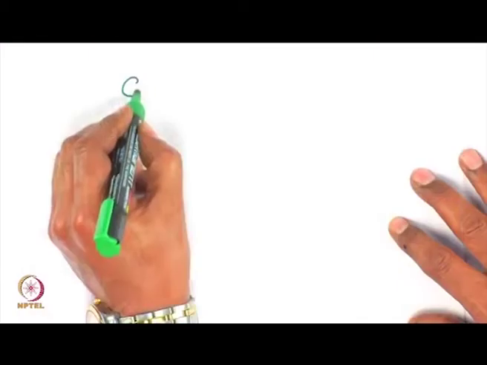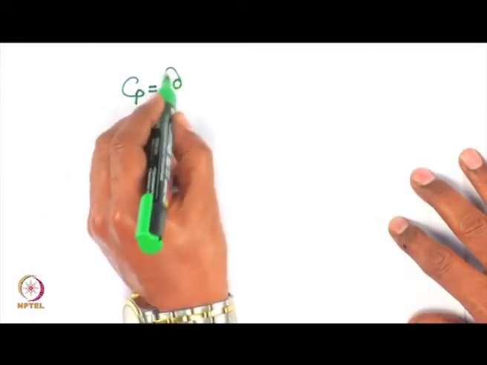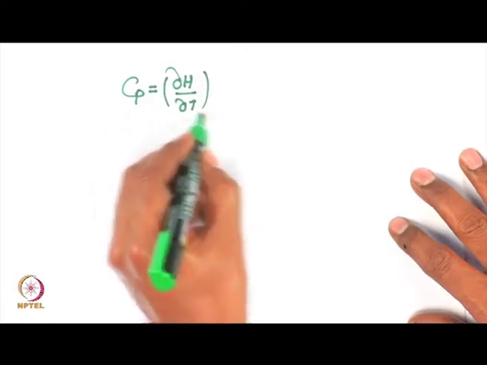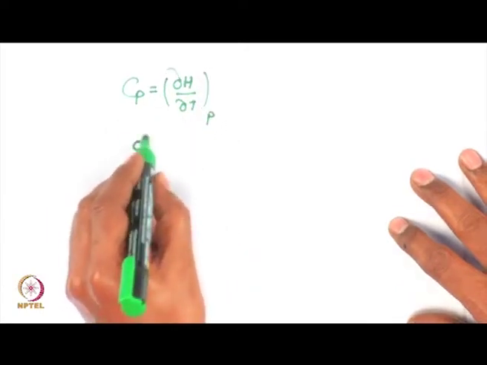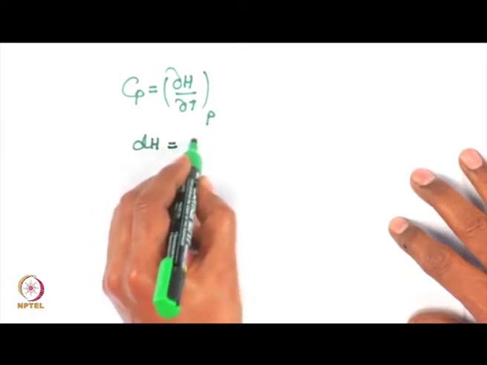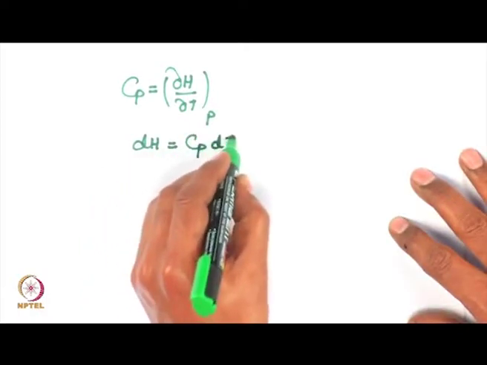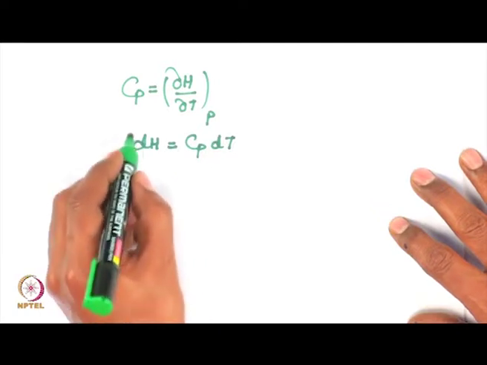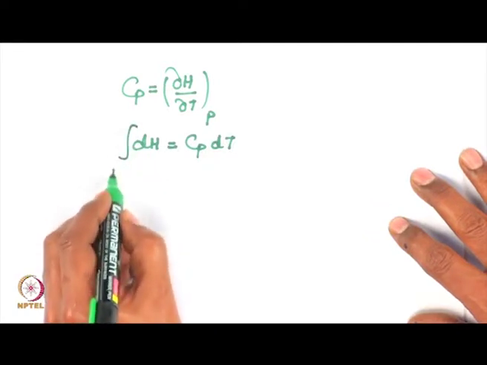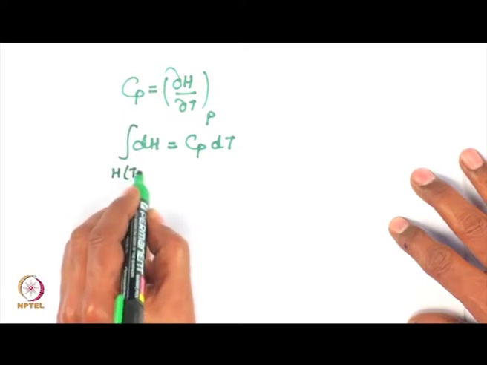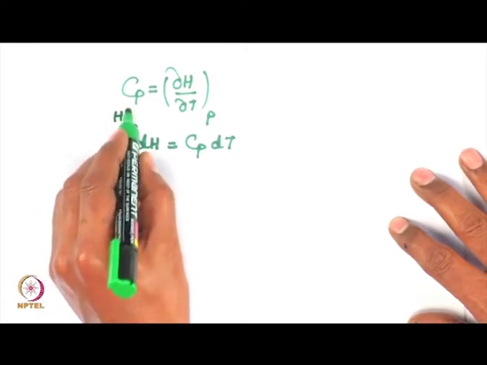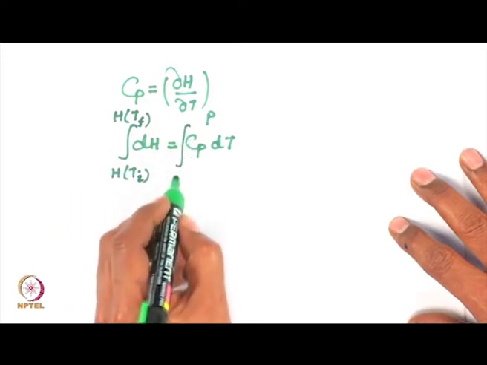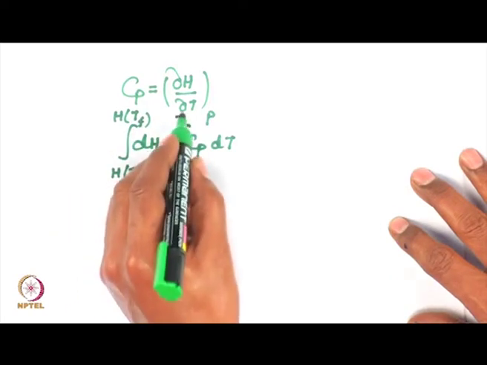So, look at this definition: Cp is equal to dou H by dou T at constant pressure. So dH is equal to Cp dT. I am assuming that the pressure is constant. So this is H at Ti, and let us say the final limit is H at Tf, and we have Ti to Tf.